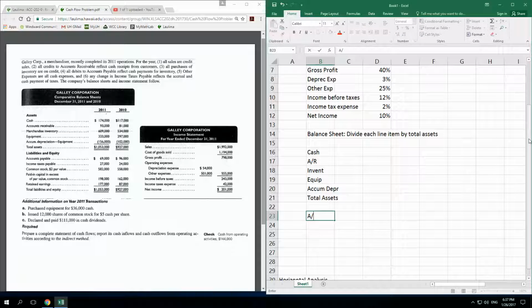Then you've got accounts payable, income tax payable, common stock, paid in excess, retained earnings, and total liabilities and equity.